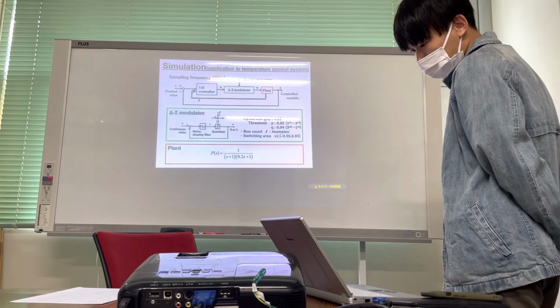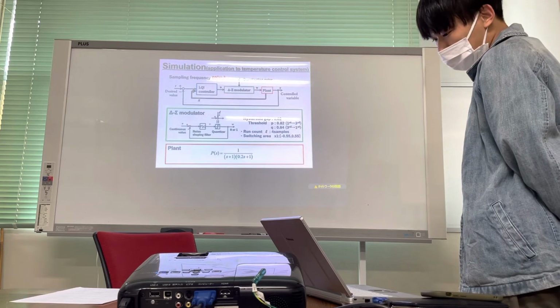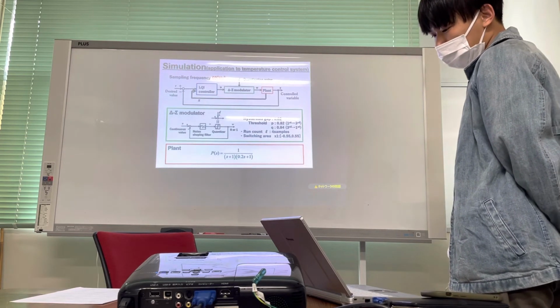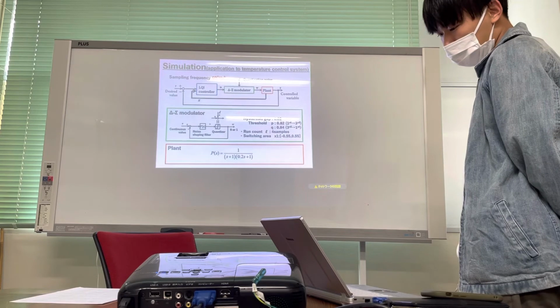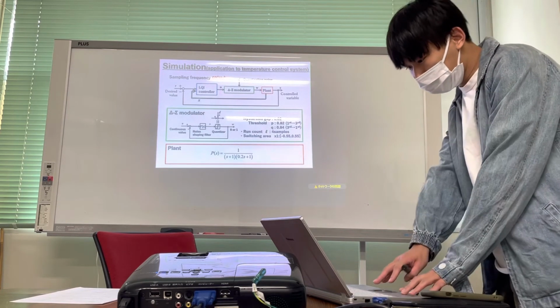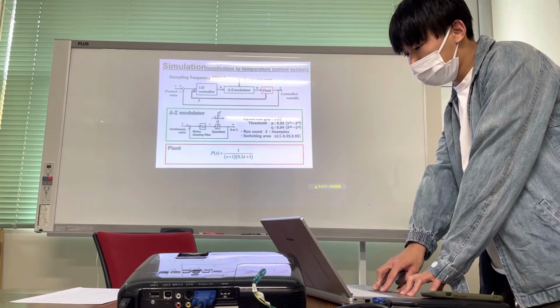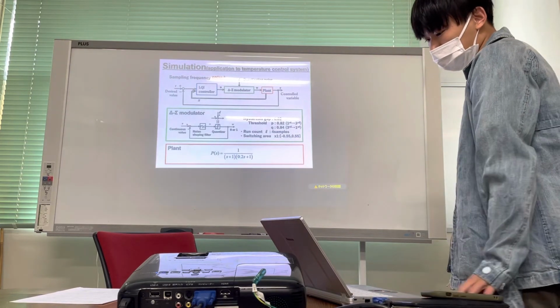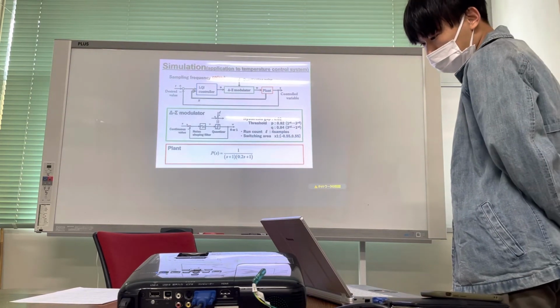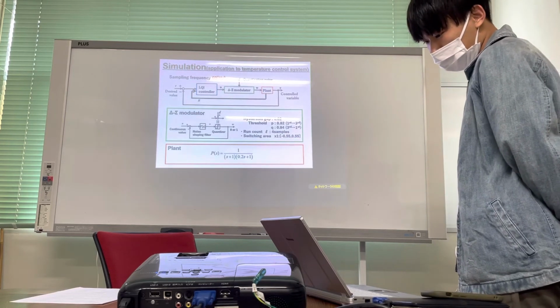The temperature of the object to be heated is controlled by converting the continuous value into 2 values with the delta sigma modulator that we propose, switching on/off.